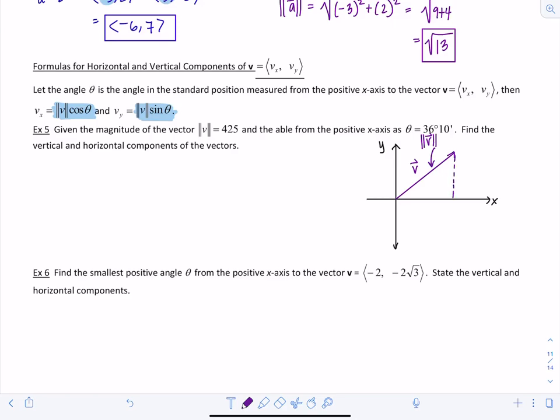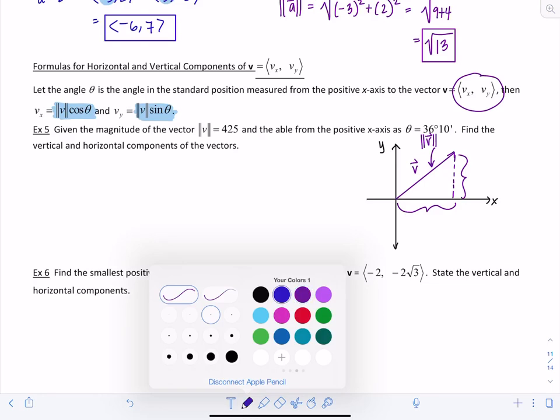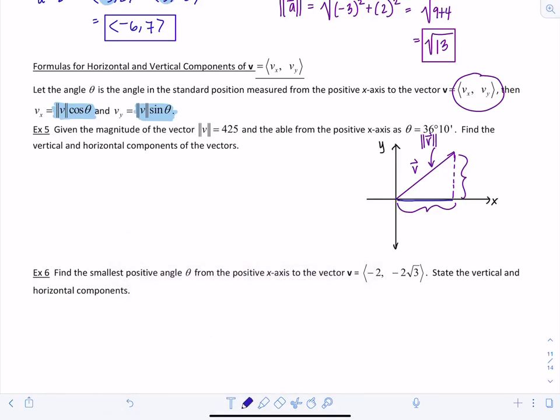Now, V is written in component form Vx and Vy. The length of this side and this side can really be thought of as two vectors being added together, right? This is the horizontal component, and this is the vertical component. So this is Vx, this is Vy, here is theta, okay?